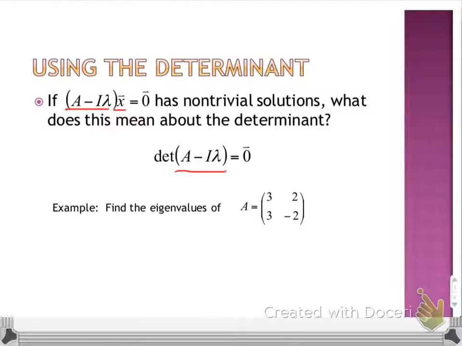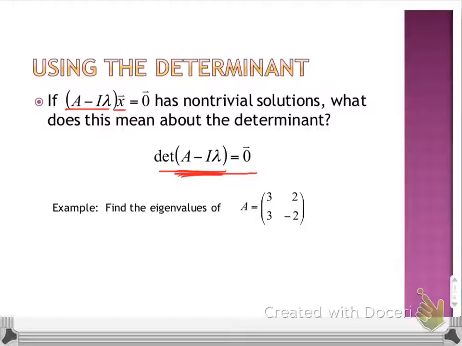So if it has trivial solutions, that means the determinant does not equal 0. So if we are saying that we want A minus lambda I to have non-trivial solutions, then that's the same thing as saying we want the determinant of that matrix to be 0, right?